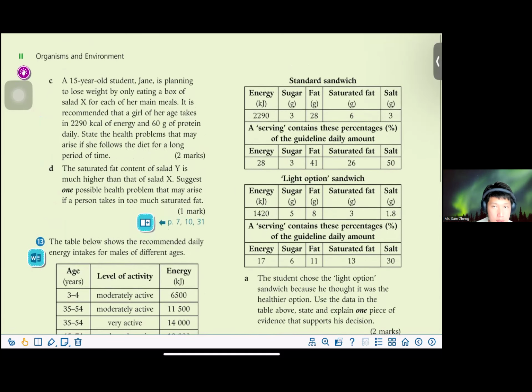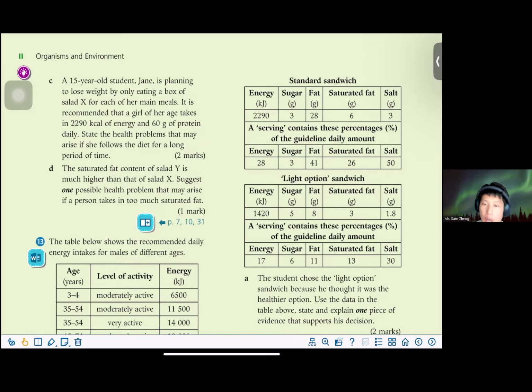We can see that the standard sandwich does contain more fats compared to the light option, which is one of the very critical points. Apart from that, the energy required is also a lot more.